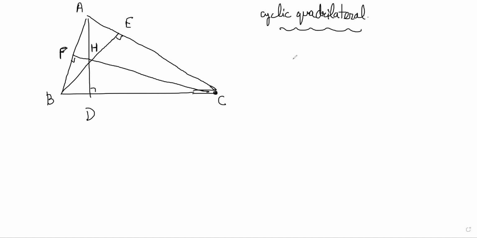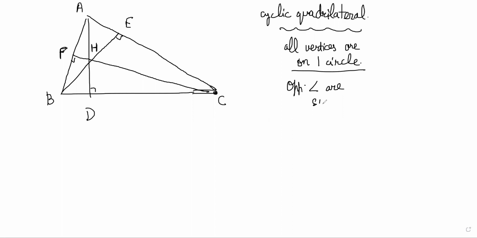First of all, a cyclic quadrilateral is a quadrilateral whose vertices are all on one circle, right? And basically opposite angles are supplementary. Correct?